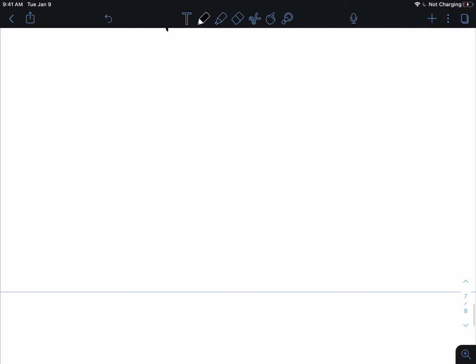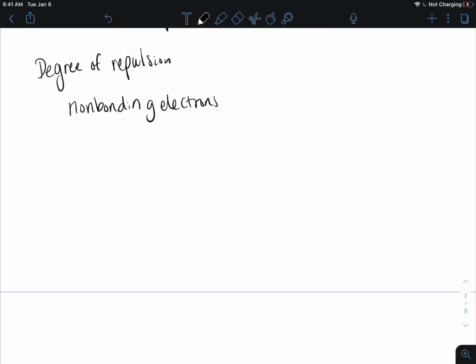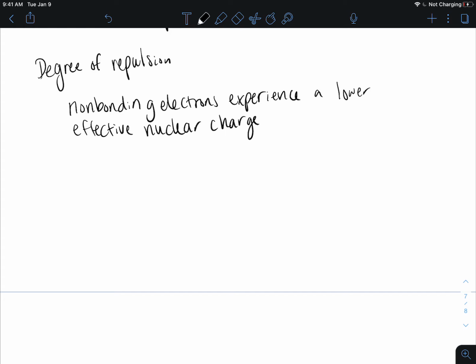One is degree of repulsion. I talked about how our non-bonding electrons are going to repel more than others. Non-bonding electrons experience a lower effective nuclear charge. Because of that, they're going to spread out more and repel more.